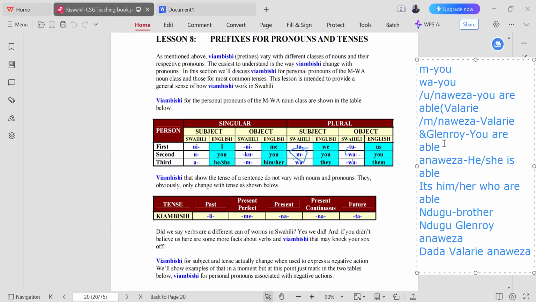But Swahili also has words for male or female. For a male it is mume, and for a female it is kike.